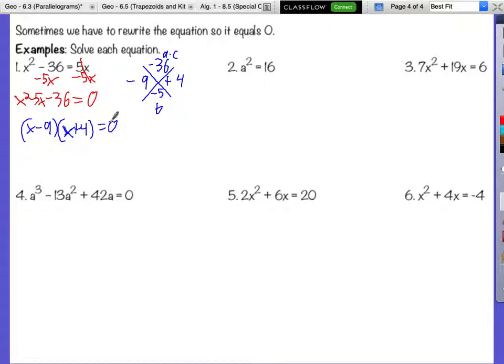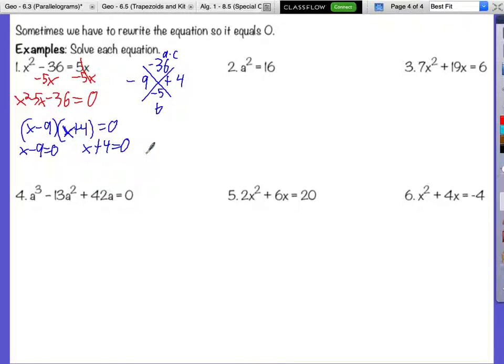Now, do we have multiplication that equals 0? Yes. Betsy, what would we do from here? You would make your whole equation, so x minus 9 equals 0, and x plus 4 equals 0. Very good. We would make our two equations: the first factor equal to 0, and the second factor equal to 0.